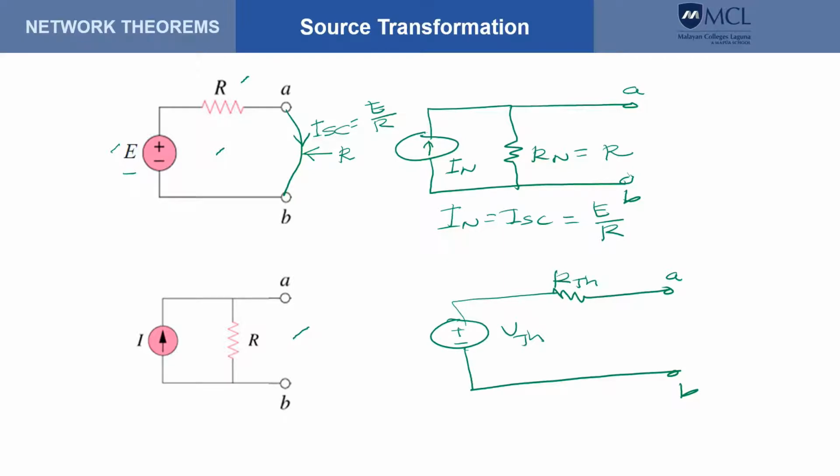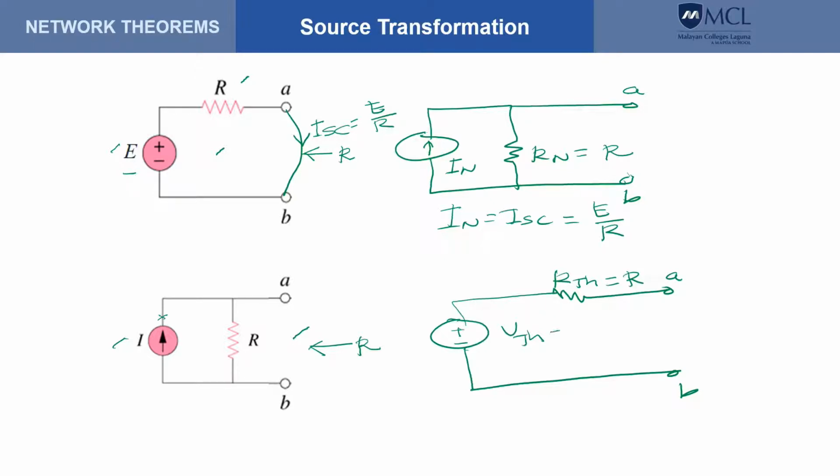To get R sub TH, we look into the open terminals, and since we find an independent current source, we disable that by opening the source. So what we get here is equal to R, and our R sub TH becomes R.